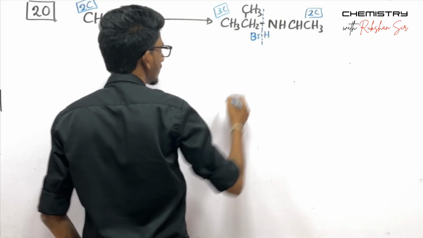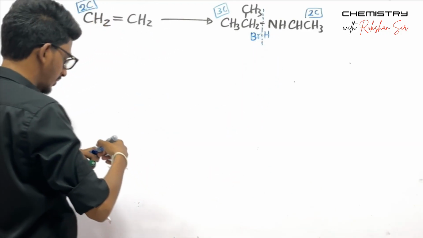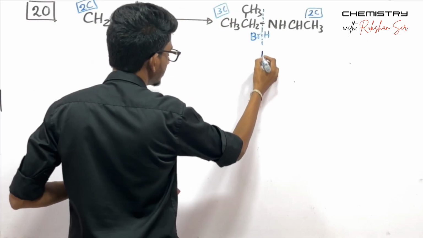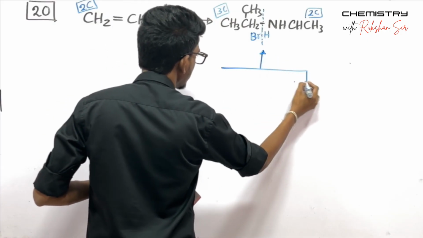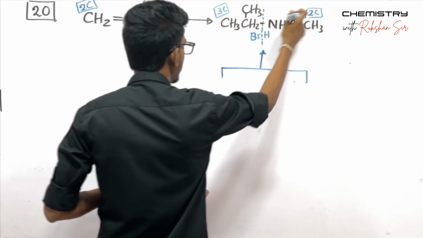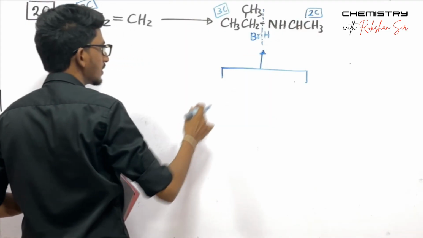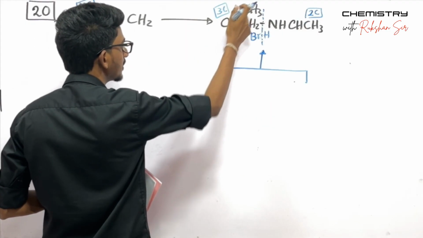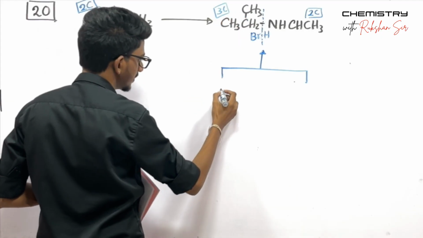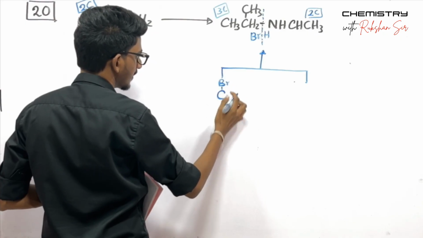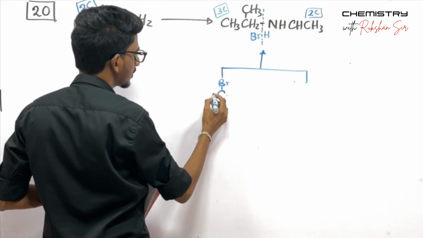So this CN bond can be formed by reacting this alkyl halide with this primary amine. What is the alkyl halide here? The Br at the center carbon and 2 CH3 groups connected to that carbon, right?